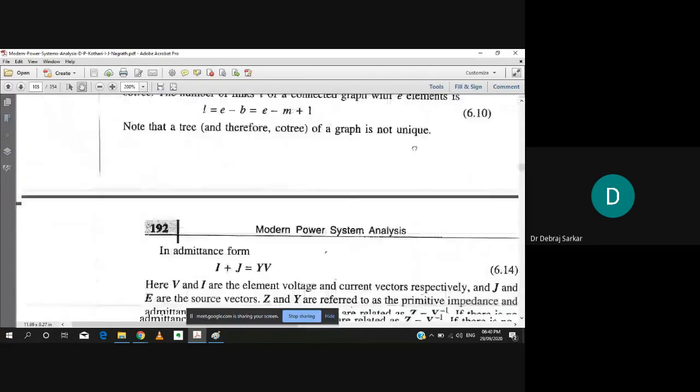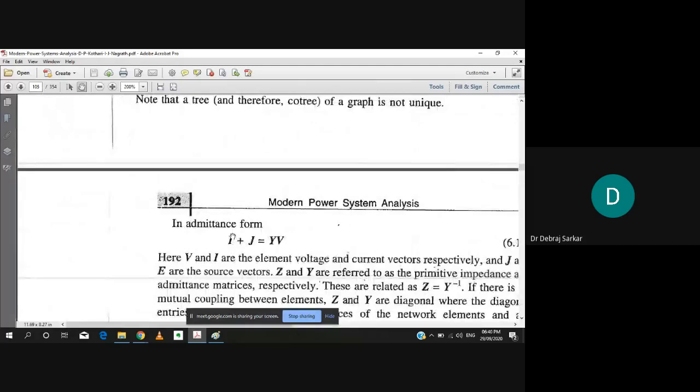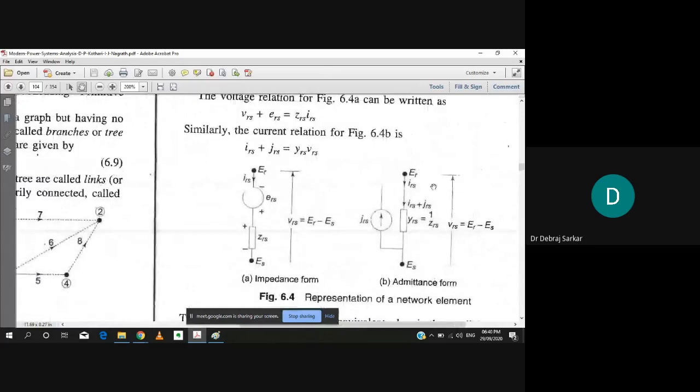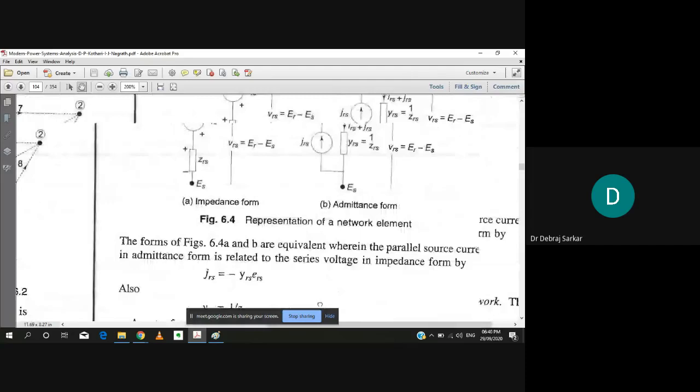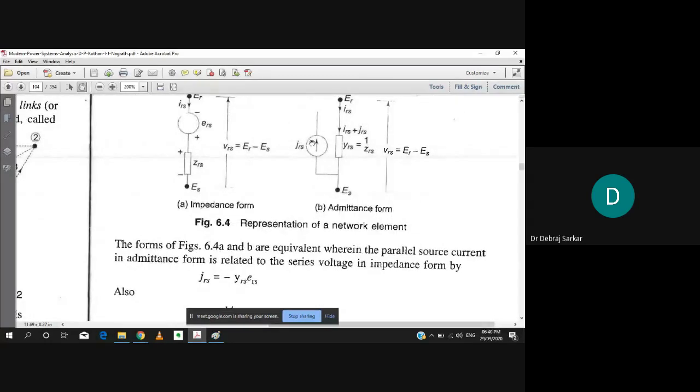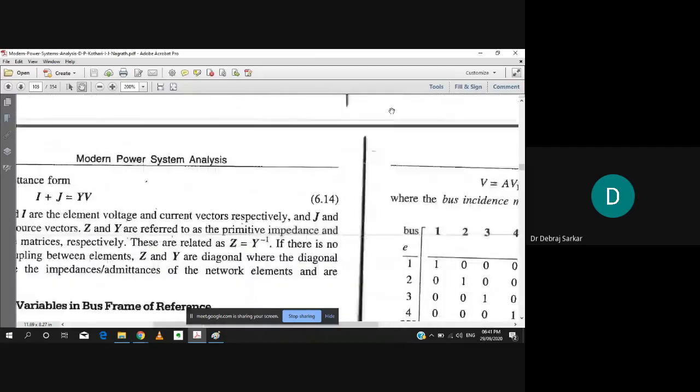This capital I is all the IRS, and this capital J is all the JRS, is equal to a Y matrix.